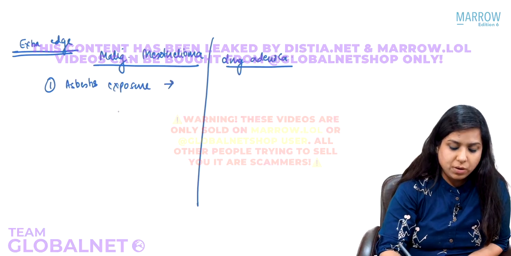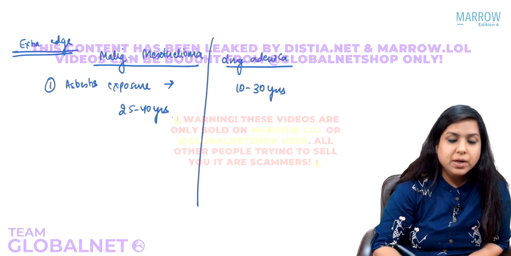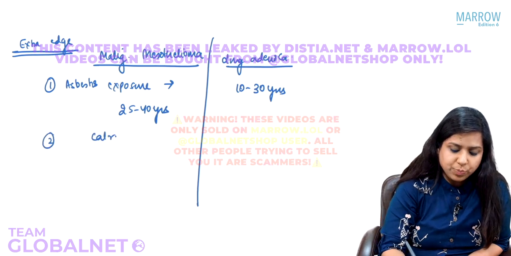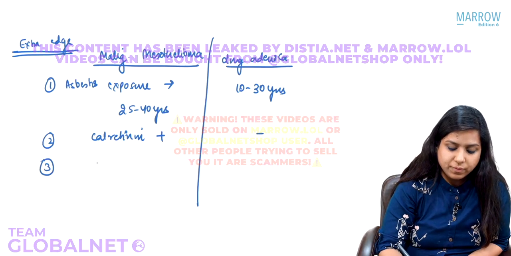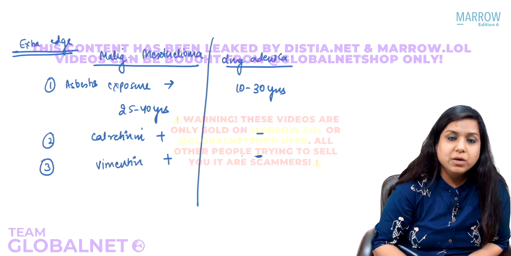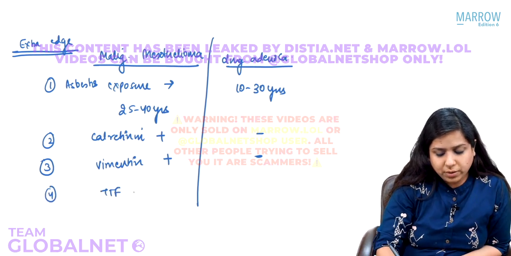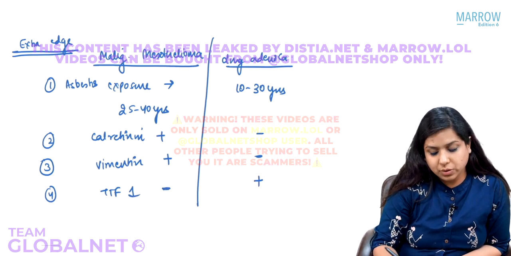In mesothelioma, it requires approximately 25 to 40 years, whereas for lung cancer development, it is 10 to 30 years. Correct? Mesothelioma is positive for two markers, students. Calretinin positive, I've already told you. Lung adenocarcinoma is negative. It is vimentin positive, whereas lung adenocarcinoma is negative. Then you all know TTF1, that is negative in mesothelioma, positive in adenocarcinoma.